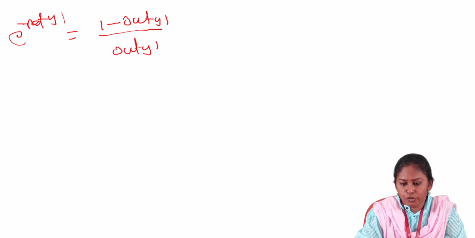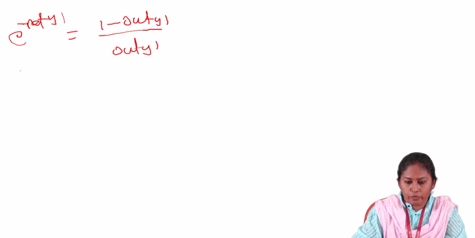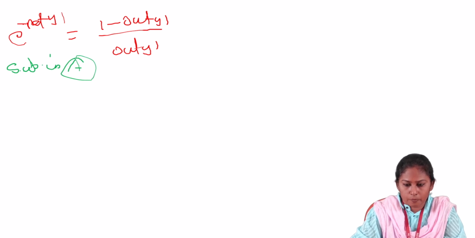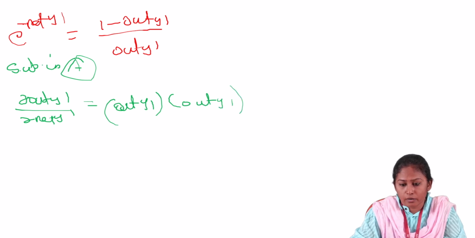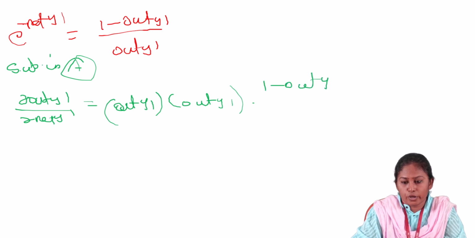Now I am going to substitute this value in equation A, which is nothing but we have actually got out y1 into out y1, or I can write out y1 square, then 1 minus out y1 divided by out y1.